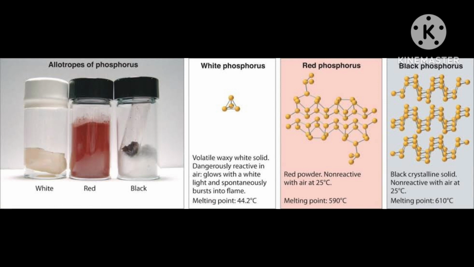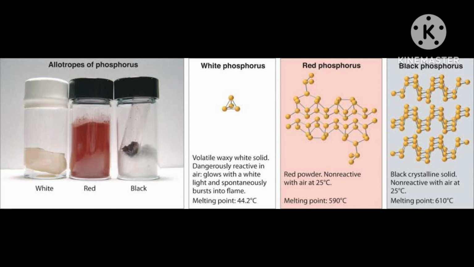Now I want to tell you about red phosphorus. Red phosphorus is obtained by heating white phosphorus at 573 Kelvin in an inert atmosphere for several days.